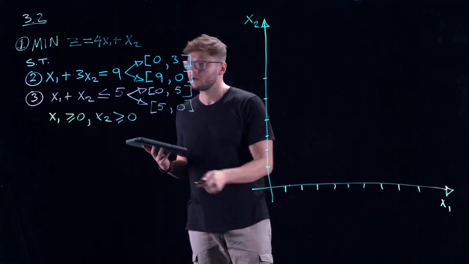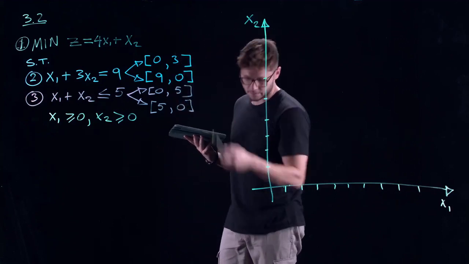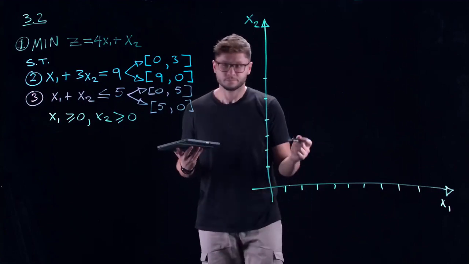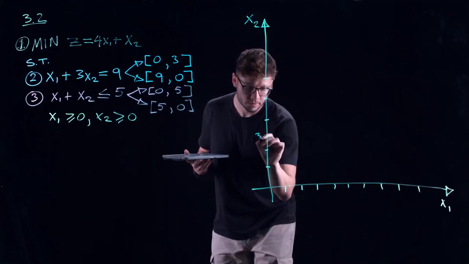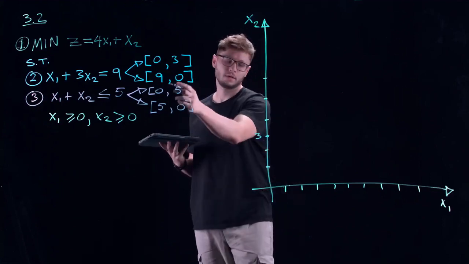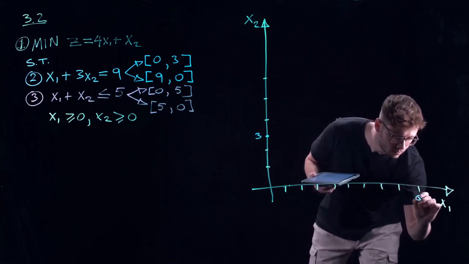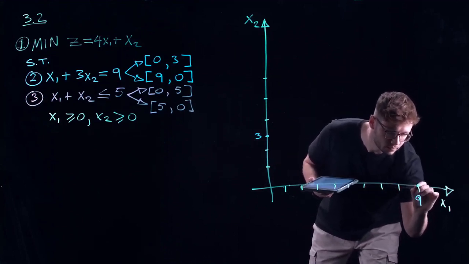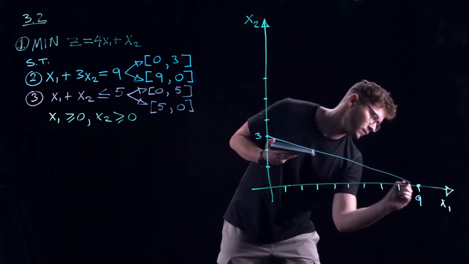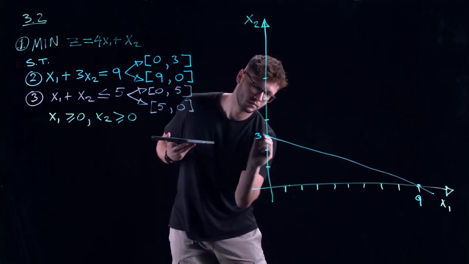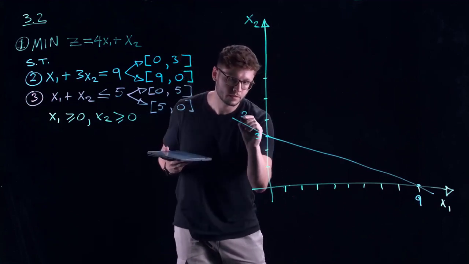So let's start by graphing out the first of our constraint functions with coordinates 0, 3 and 9, 0. So coordinate 0, 3 is going to be here. Coordinate 9, 0, 1, 2, 3, 4, 5, 6, 7, 8, 9 is going to be here. So this is constraint function indexed 2.